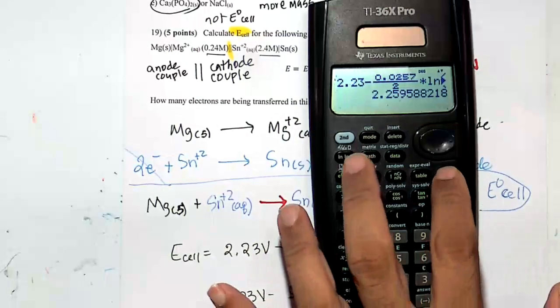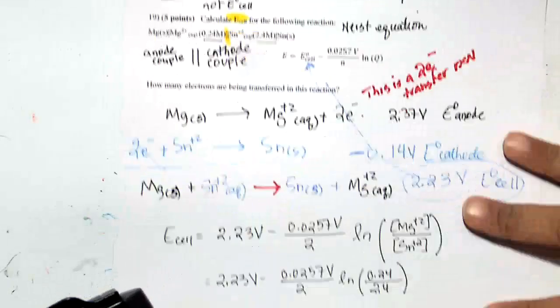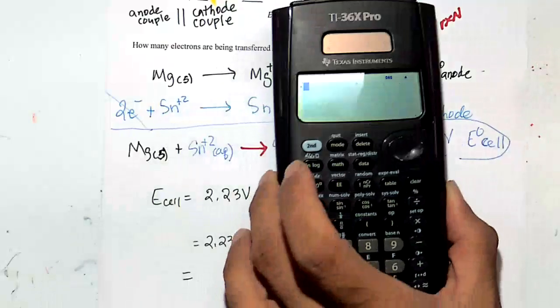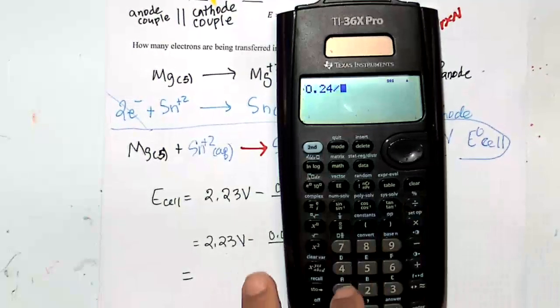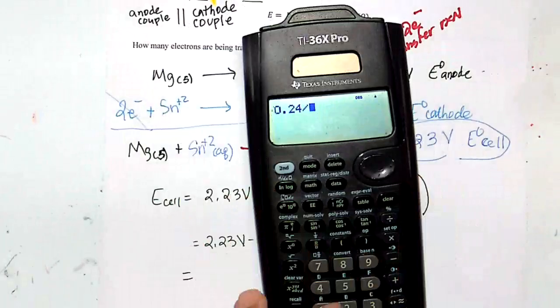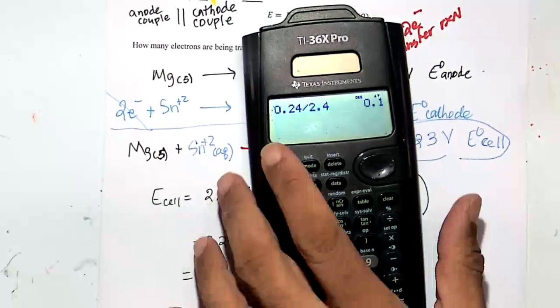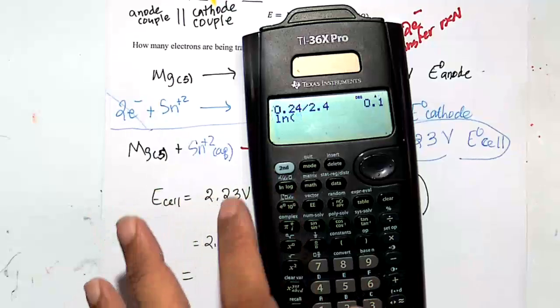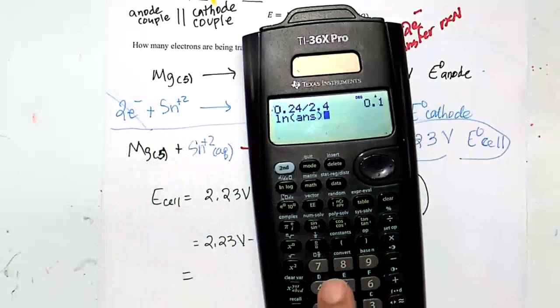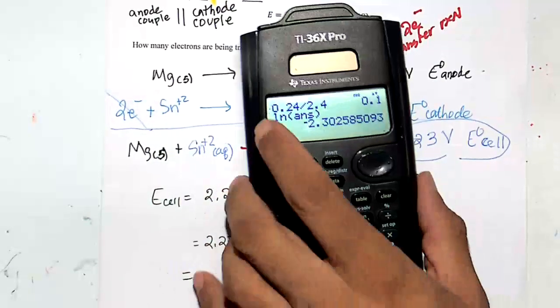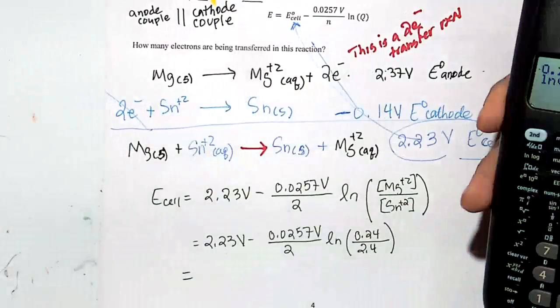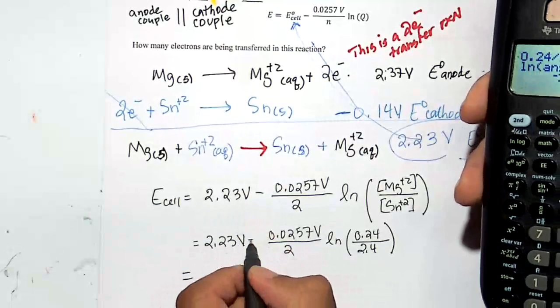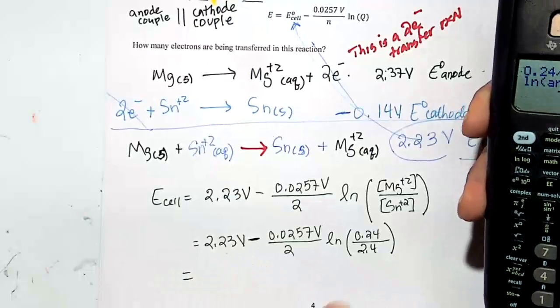Let's do it together. Sounds right, actually. 0.24 divided by 2.4 is 1/10. I'll take the natural log of the answer. Check it out, there's a minus in front of the numerator.